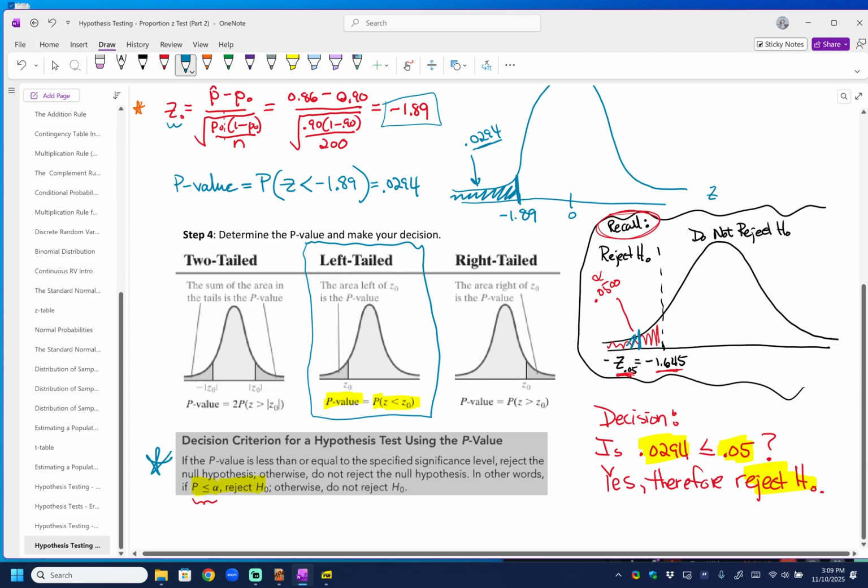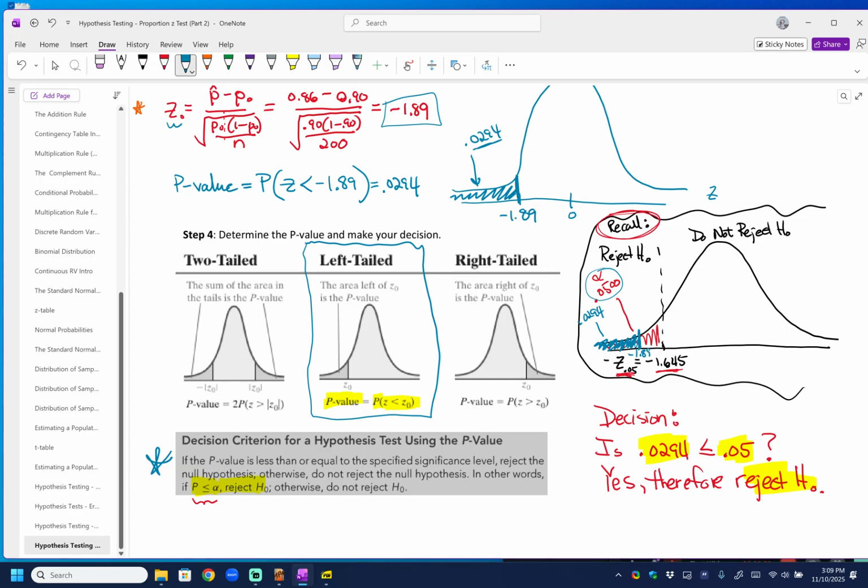So let's say this is 0.0294. If this area is less than alpha, that means the value of z is also going to be less, which ends up being negative 1.89.